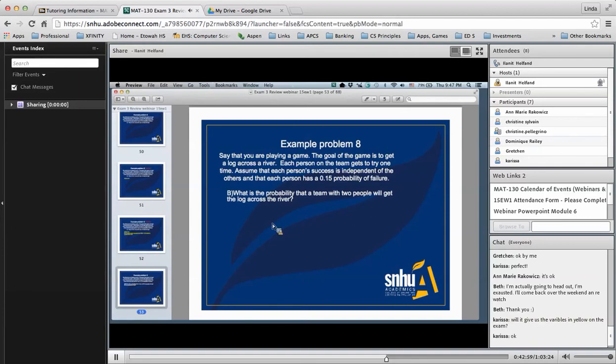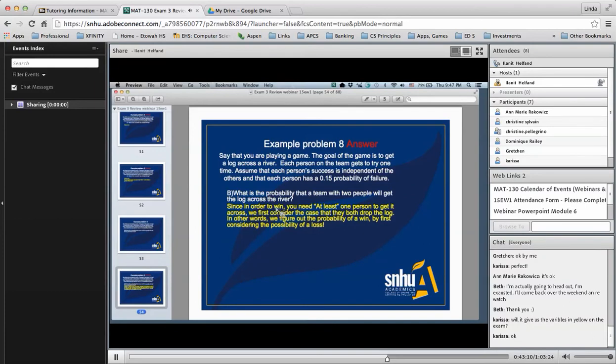Okay, what is the probability that a team with 2 people will get the log across the river? So now, in order to win, you need at least one person to get it across. So you need at least one A. To figure this out, we're first going to consider the case that they both drop the log, because whenever you have an at least problem, you want to look at the opposite.